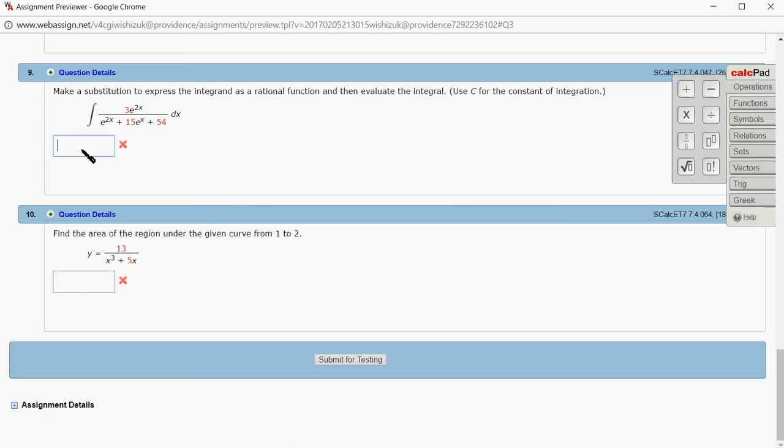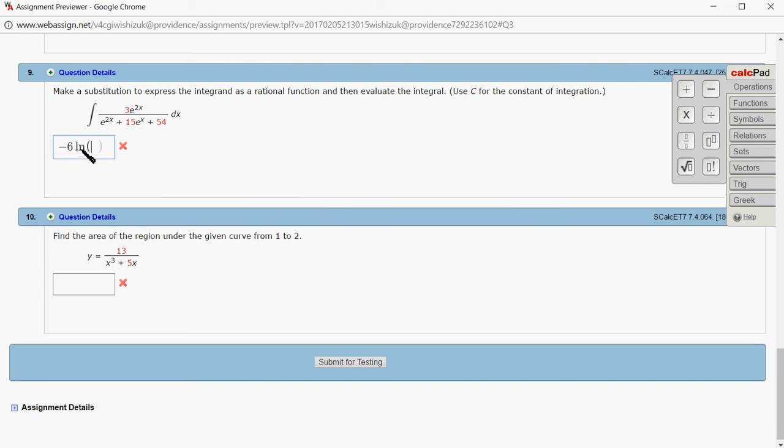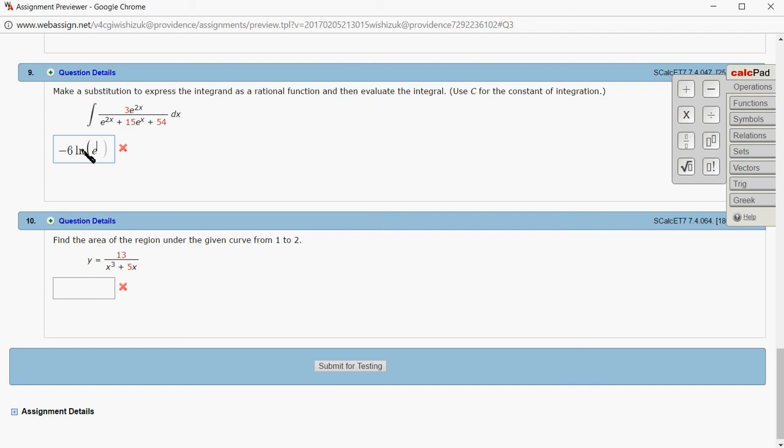We found negative 6 times the natural log of, actually we don't need the absolute value, e to the x plus 6, and plus 9 times the natural log of e to the x plus 9. Because e to the x plus 9 is always positive, we don't really need the absolute value sign. So plus constant C.